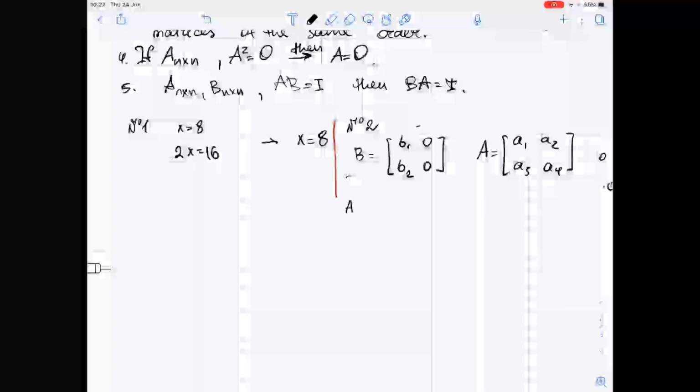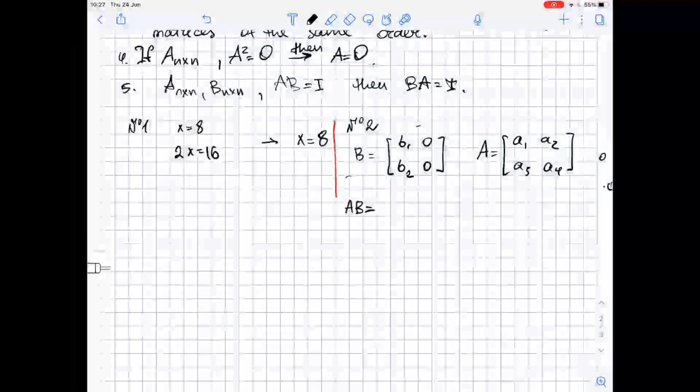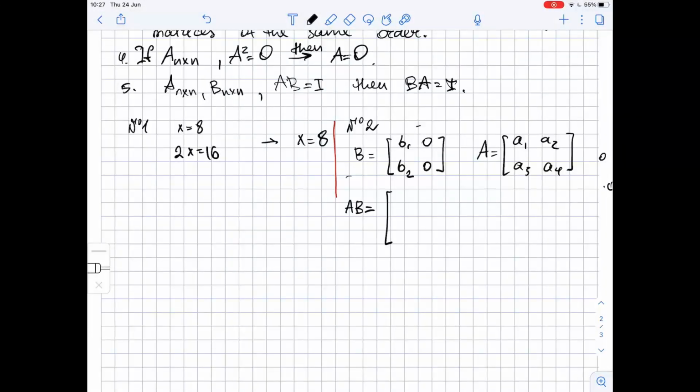So AB equals matrix A times matrix B. We will have A1 times B1 plus A2 times B2. Next entry is A1 times 0 plus A2 times 0. Here we have A3 times B1 plus A4 times B2. And here it's A3 times 0 plus A4 times 0.